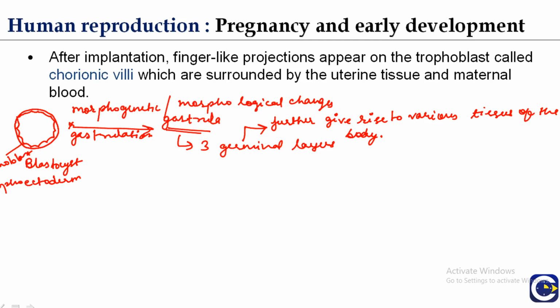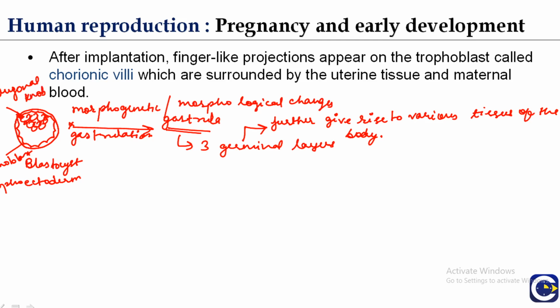Okay, need to understand the topic in a precise way. Trophoectoderm, and here is the inner cell mass. The cells are arranged on one side of this structure, and this inner cell mass is now known as embryonal knob.